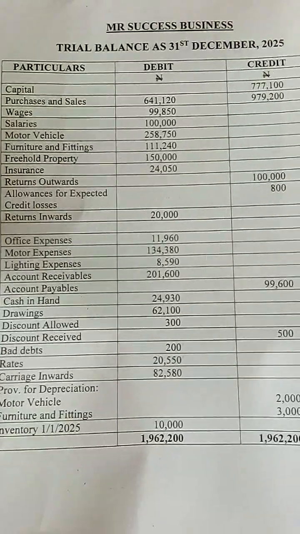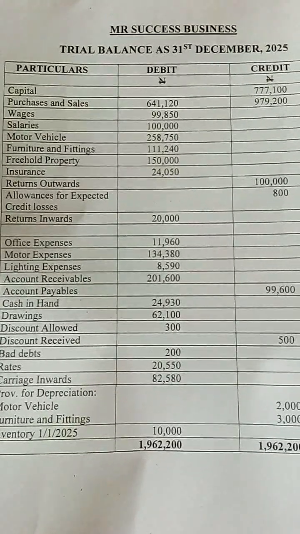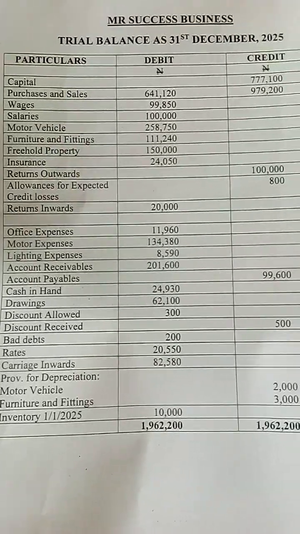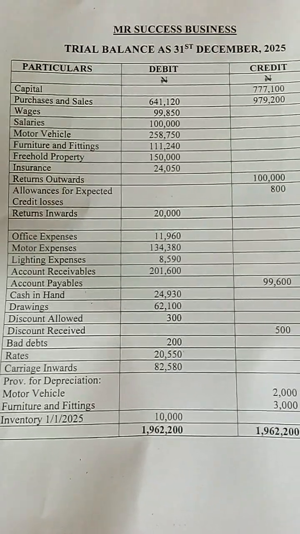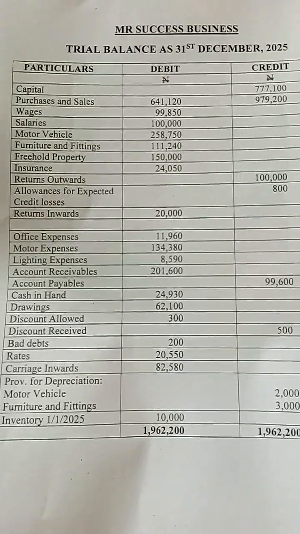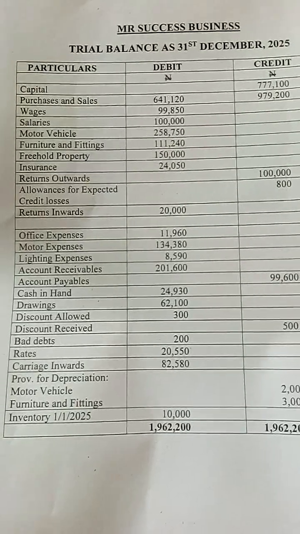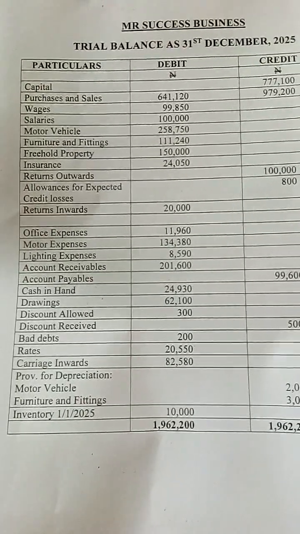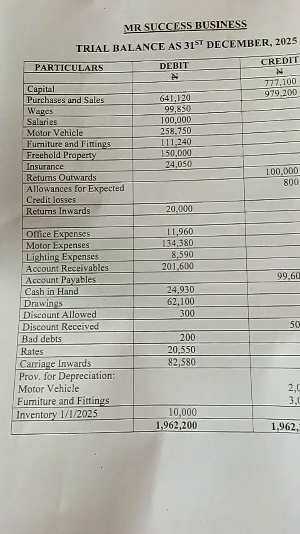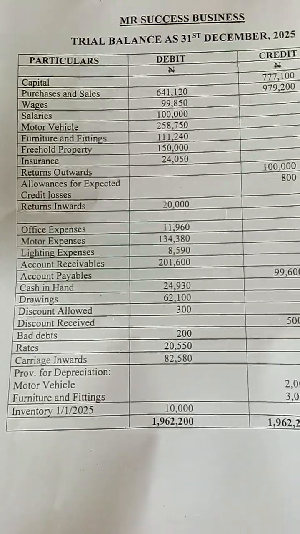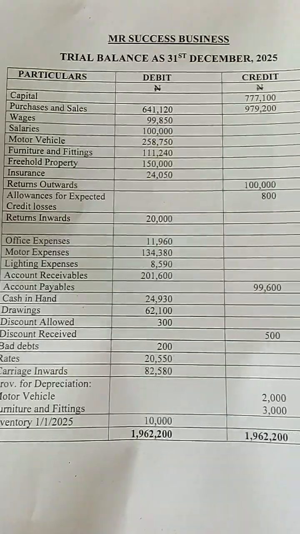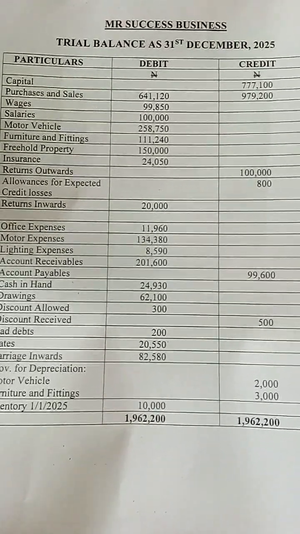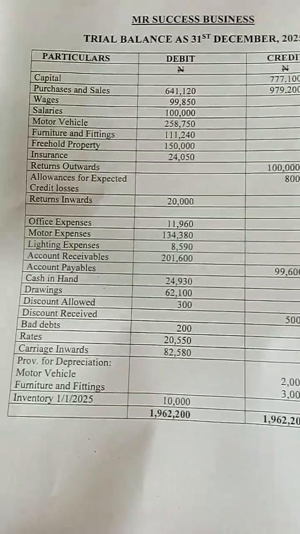Returns outwards is 100,000. Is that taken? The next one is allowances for expected credit losses, which is 800 naira.